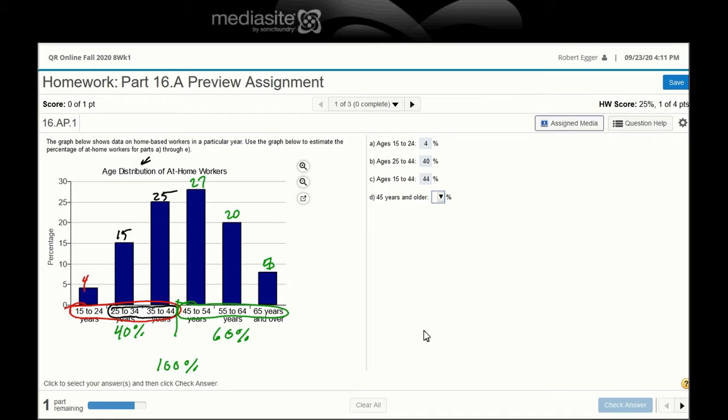So how does that add up? That's 20. That's 20, 40. 40 and 15. That's only 55%. Oh, duh.